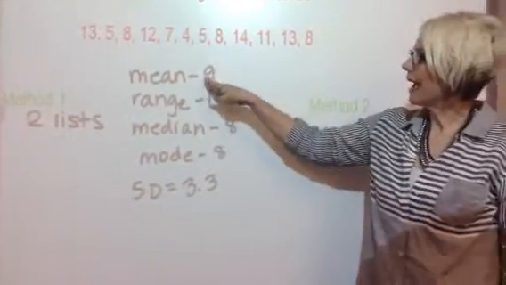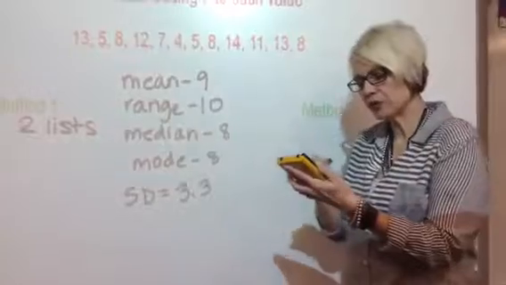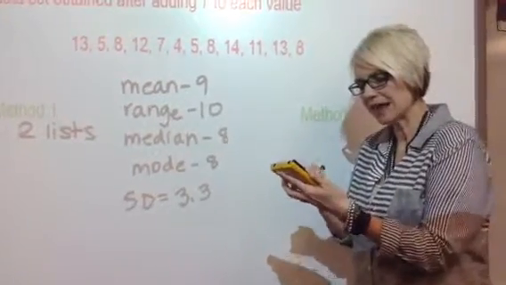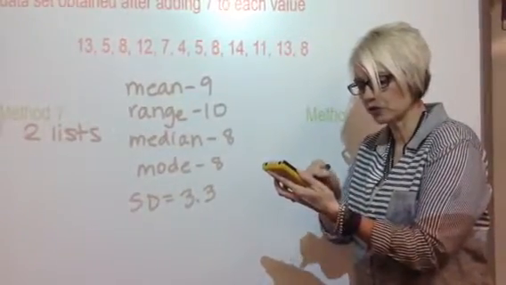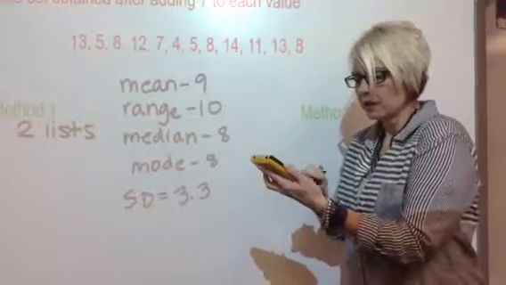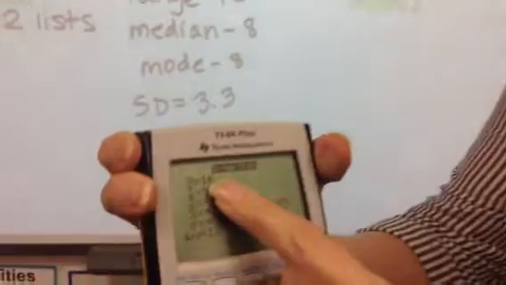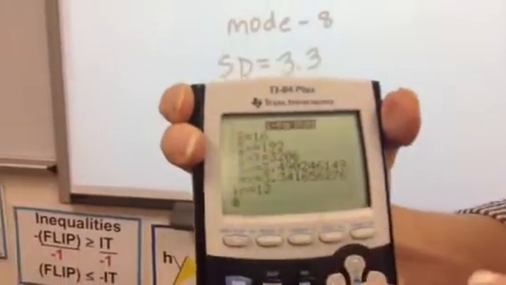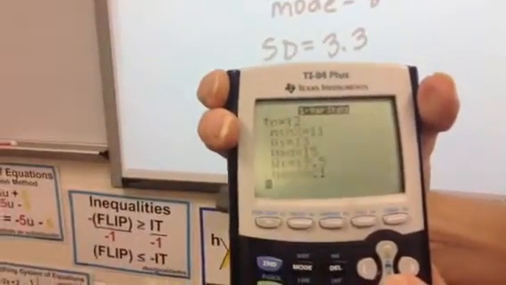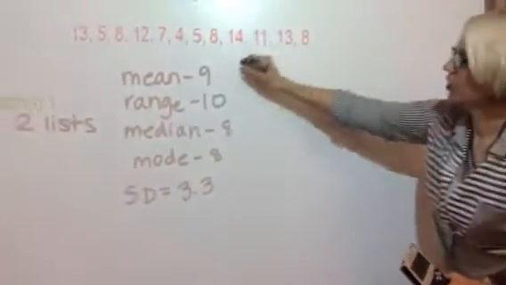Now, what happens when you go ahead and do your stat calc of your L2 data? When you calculate that, you get a new mean and some new values as you scroll through. You could actually calculate all of those values.